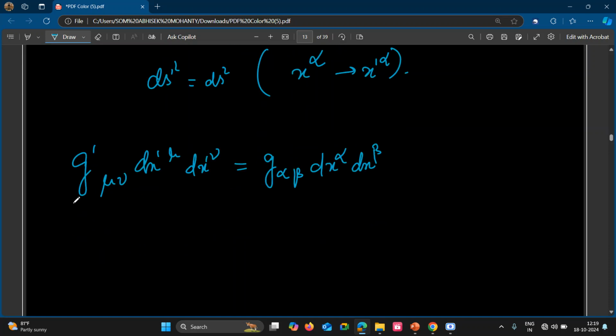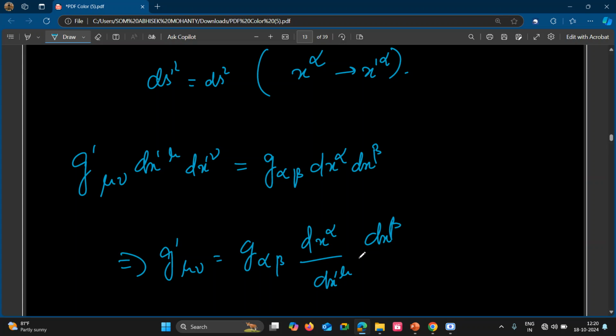From here I can take this to the other side: g dash mu nu is equal to g alpha beta times dx alpha by dx dash mu times dx beta by dx dash nu.